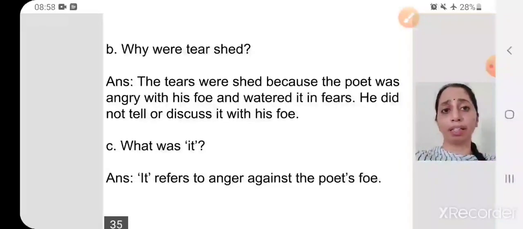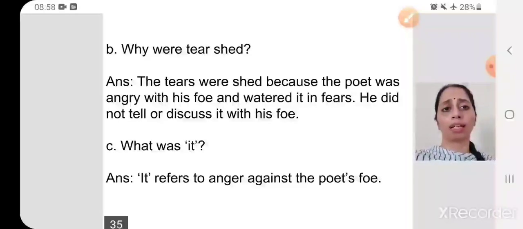But he did not tell or discuss this with his foe. So the tears were shed because the poet was angry with his foe, and the same tears, he watered them with fears. He watered his anger with tears and fears.